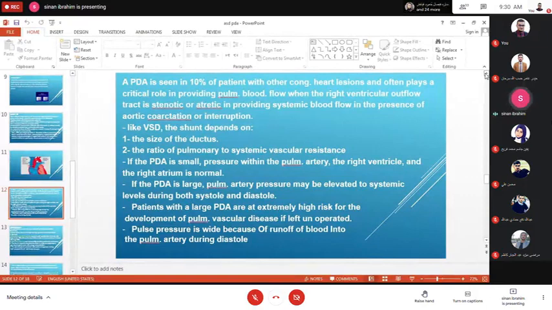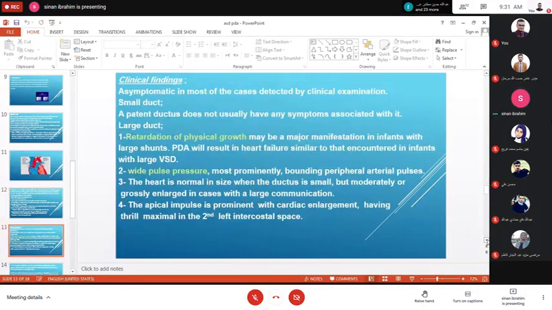So patients with large PDA are at extremely high risk for development of pulmonary vascular disease and pulmonary hypertension if left unoperated. Pulse pressure is wide because of runoff of blood into the pulmonary artery during diastole.